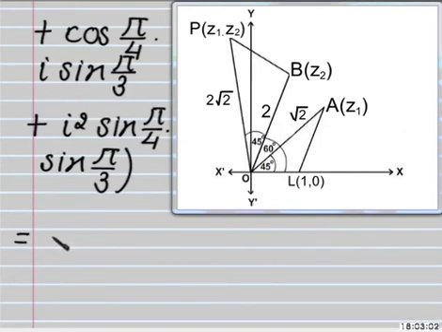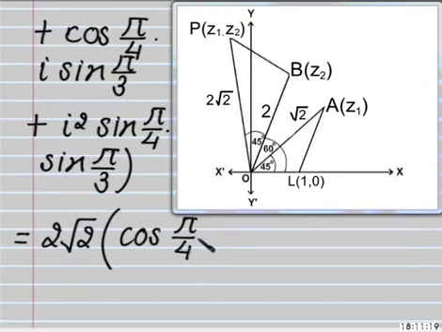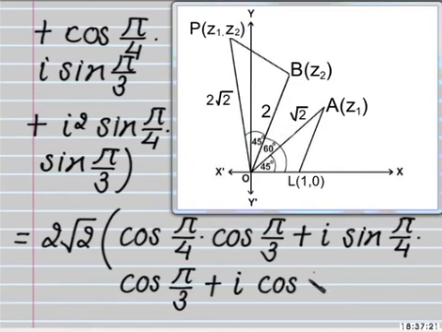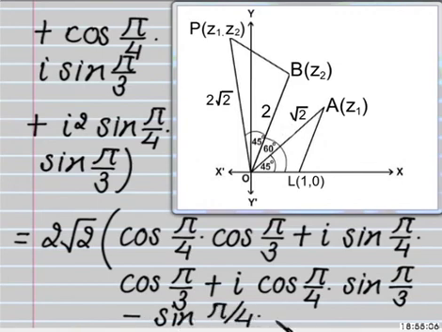That is further equal to 2 into square root 2 into cos pi by 4 into cos pi by 3 plus iota sin pi by 4 into cos pi by 3 plus iota into cos pi by 4 into sin pi by 3 minus sin pi by 4 into sin pi by 3, because we know that iota square is equal to minus 1.